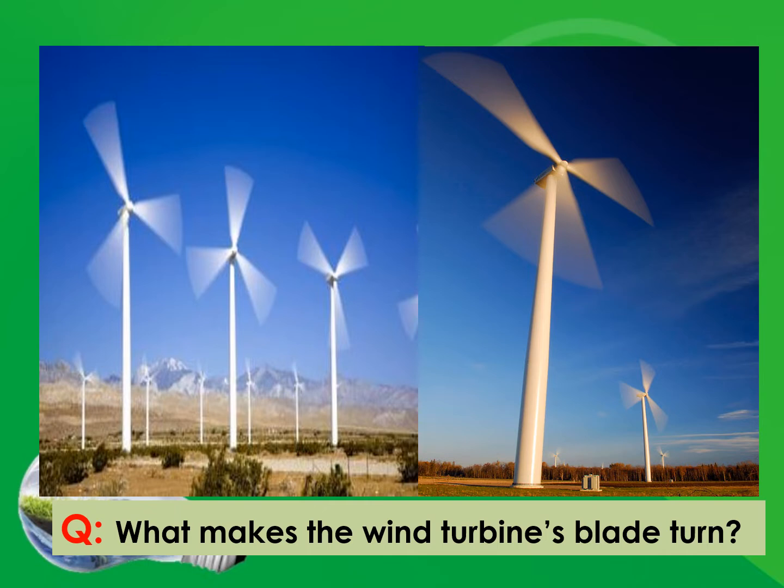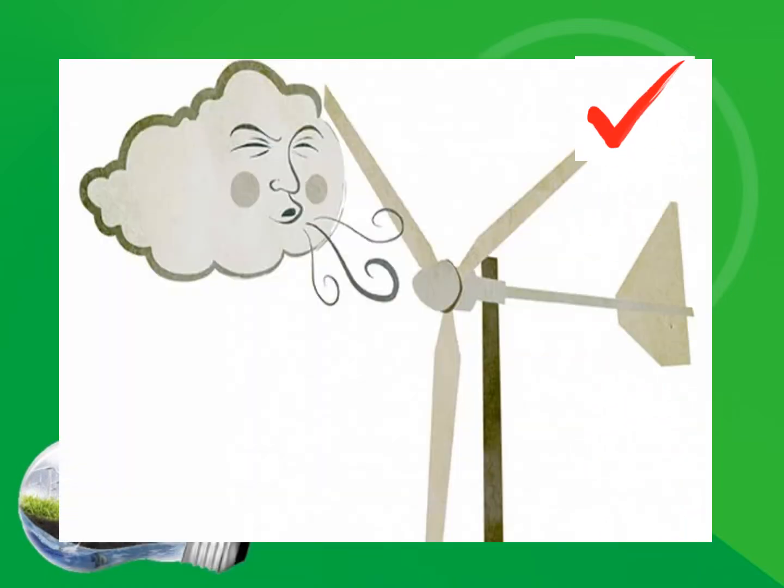Very good. Yes, you are correct. Wind. The wind makes the wind turbine's blade turn. I've mentioned yesterday that the wind makes the blades of this giant wind turbine turn. Aside from that, I've also said that the stronger the wind blows, the faster the blades of the turbine turns. Do you still remember? Please keep that in mind.